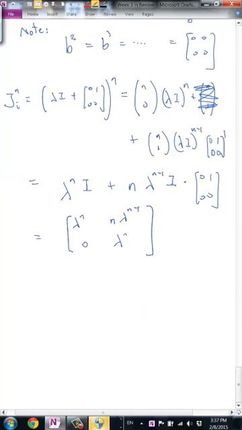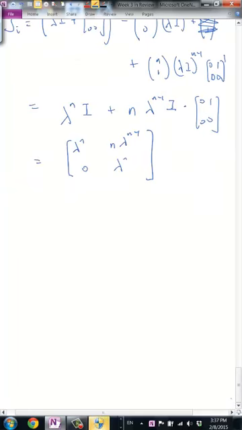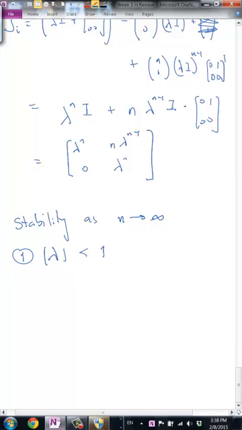And something similar happens for a 3 by 3. So what do we need for stability? And stability, of course, here is as n goes to infinity. So if the magnitude of lambda is strictly less than 1, then lambda to the n and also n lambda to the n minus 1, both of these go to 0.